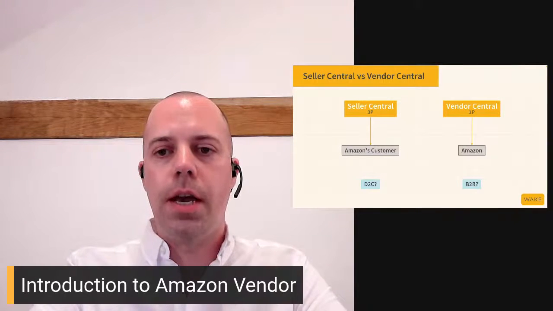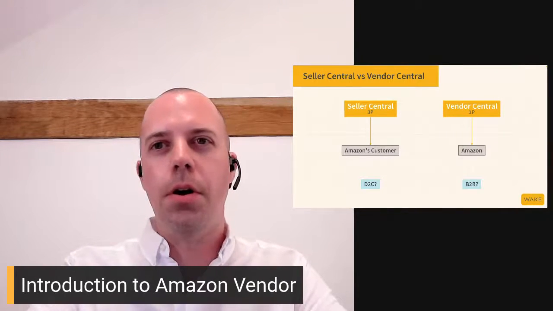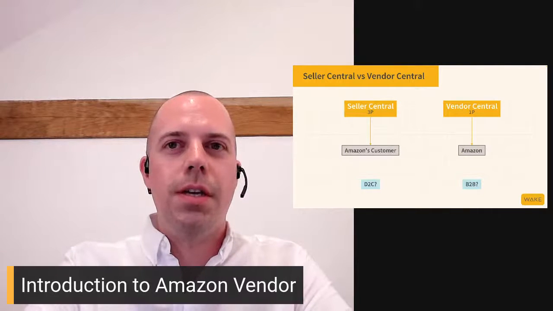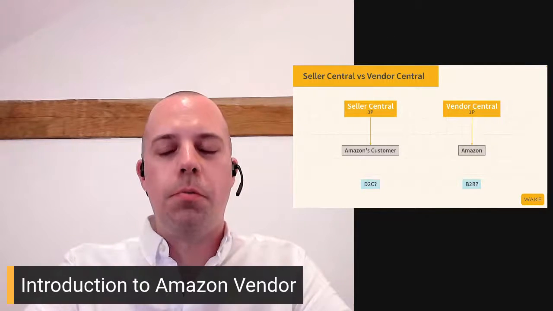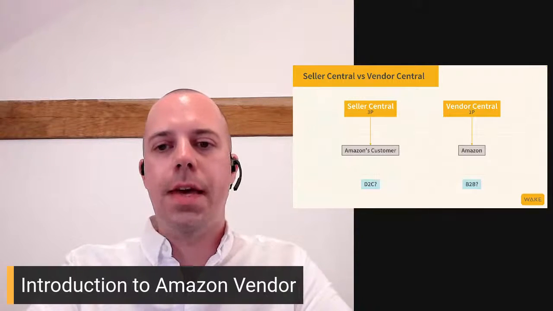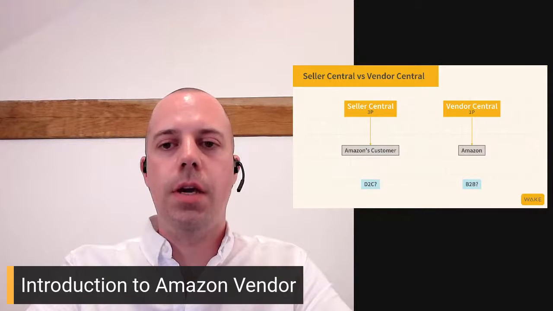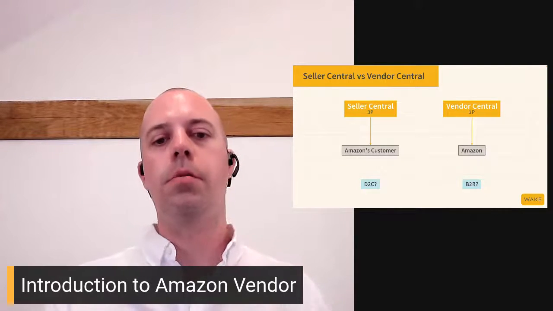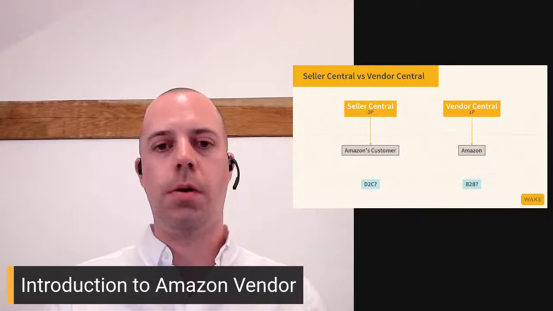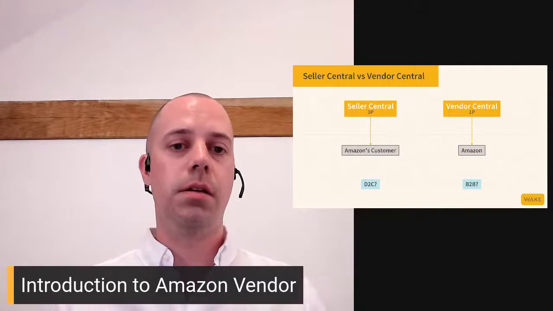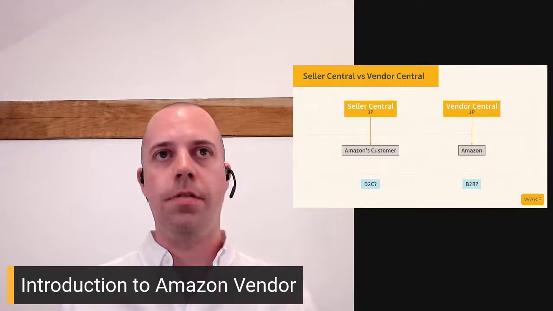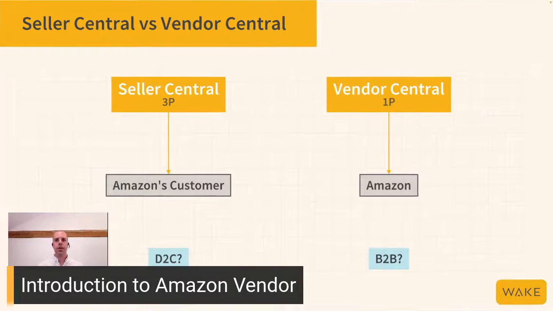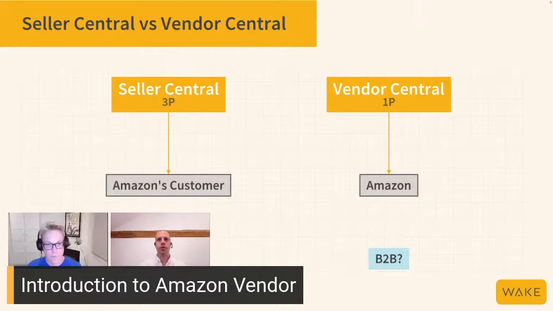I'm not aware of any figures around for that, but I would estimate that there's probably at least 50,000 vendors in the UK. So comparable to Seller Central, where I mentioned there's 6 million sellers globally, vendor is obviously a much nicher channel with a smaller customer base.